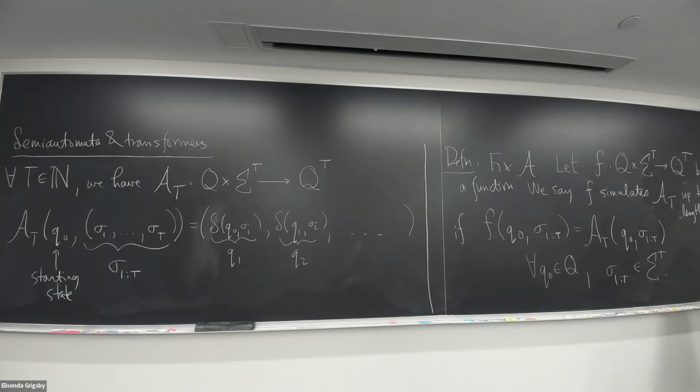When they write down this definition, they're talking about mapping length T strings of states to length T strings of transitions to length T strings of states. And they're talking about doing it for a fixed state, a fixed initial state.